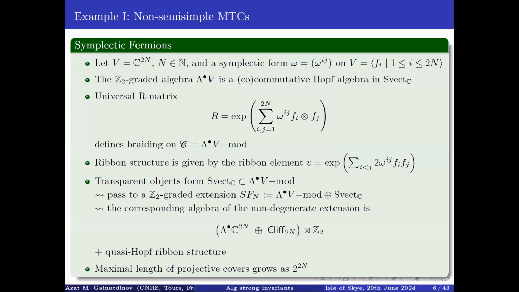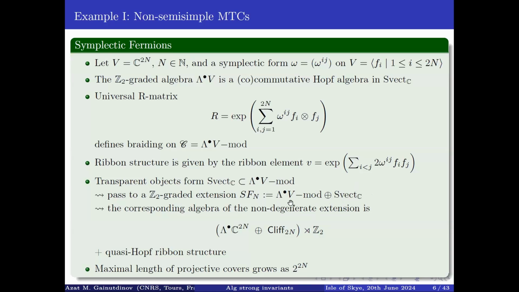And so it's not a modular tensor category, but you can solve this problem by passing to a so-called Z/2-graded extension. This is what I will call the category of symplectic fermions. It's my original category, but I extend it by some semisimple category, now of degree 1, in the sense of the monoidal or tensor product. So it has only 2 simple objects. I'm not explaining to you how I introduce the tensor product structure on the grading.